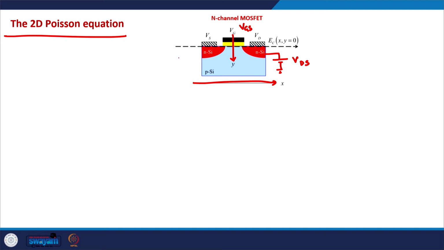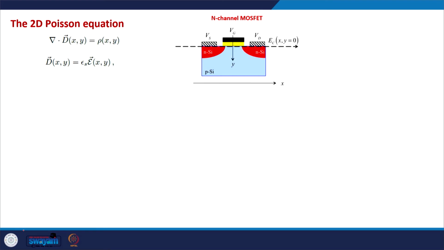In smaller devices, we have already seen that the electric field both along the channel and perpendicular to the channel are important, and that is why we need to consider the 2D electrostatics or 2D Poisson equation, where we write the Poisson equation by considering the charge distribution in both x and y directions due to the electric field in x and y directions.